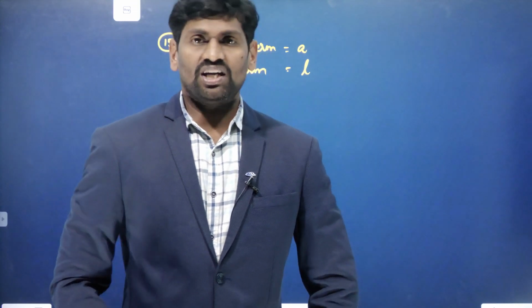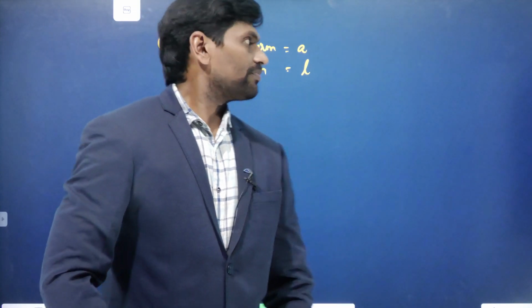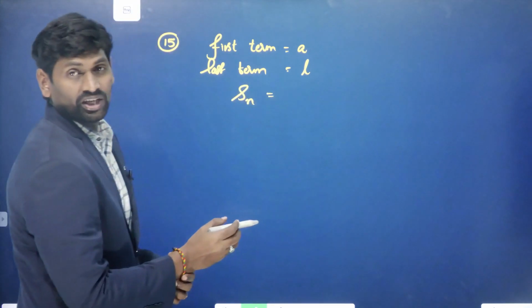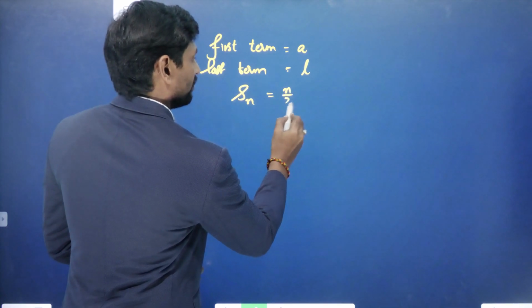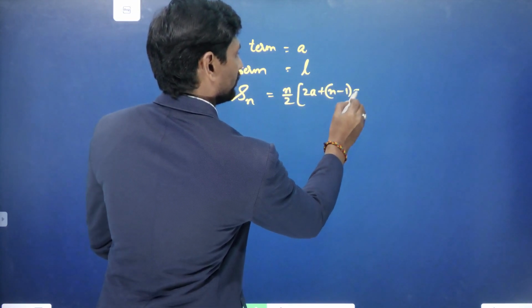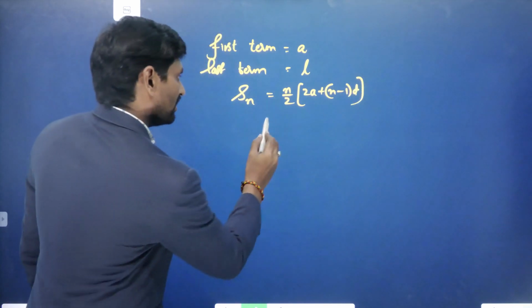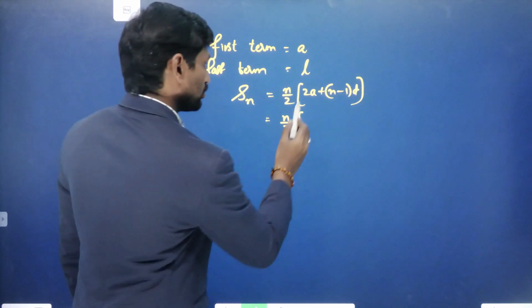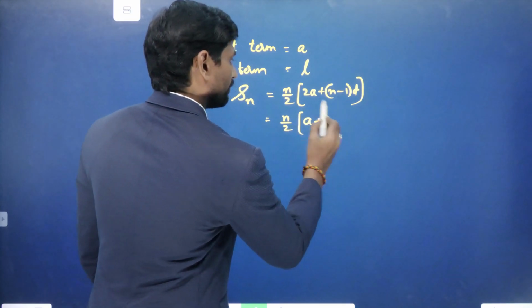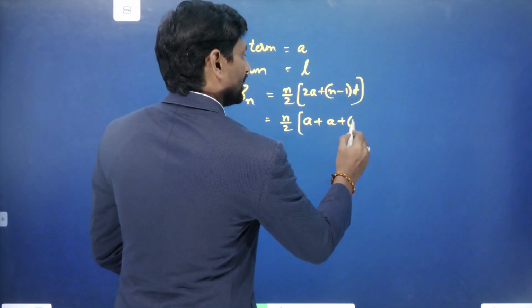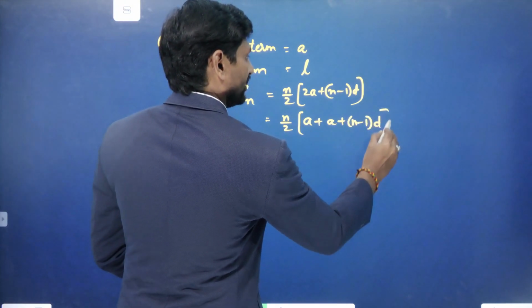We need to find the common difference. S means what? Sn. So actually the Sn formula is n by 2 into 2a plus n minus 1 into d. So this one we are writing as, 2a I can write a plus a, am I right? 2a means a plus a, and the remaining part n minus 1 into d is same.